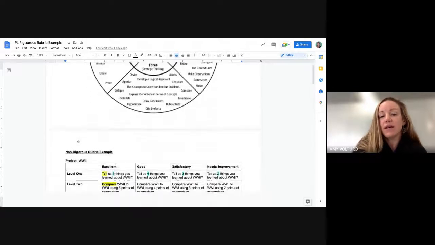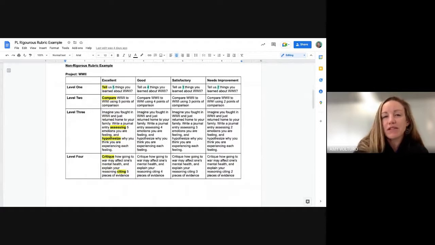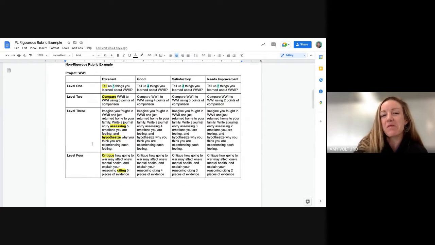So down here, I have an example of what might seem at first glance like a rigorous rubric because it has all of the hit words, or the important words in there, but why it is not. And so, for example, you might have a rubric, and this is just an example. This isn't something I ever taught, but maybe it's just on World War II.